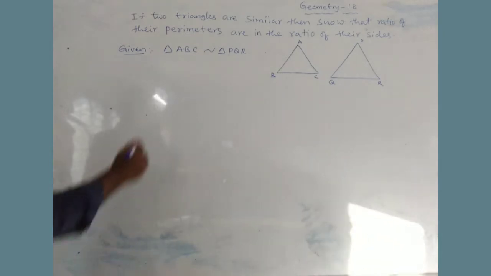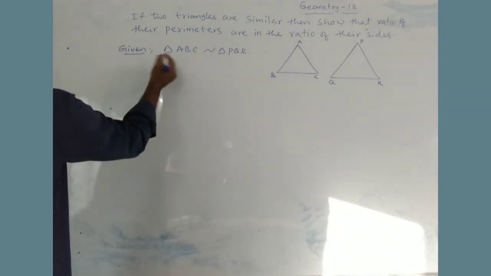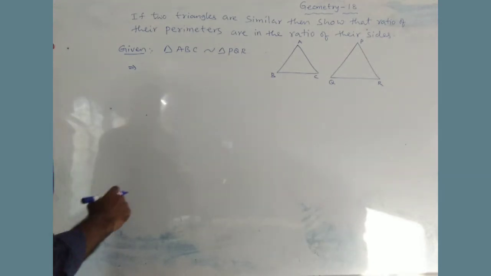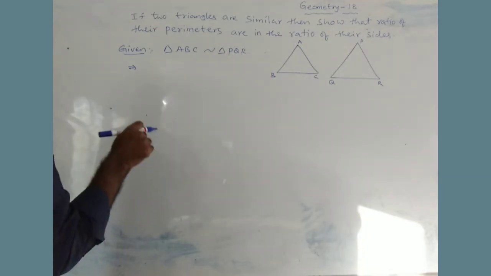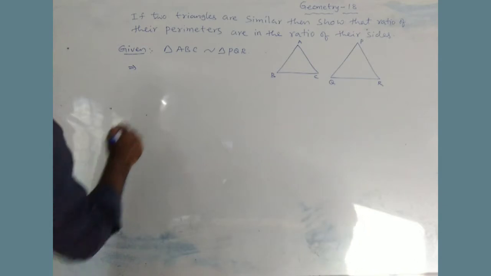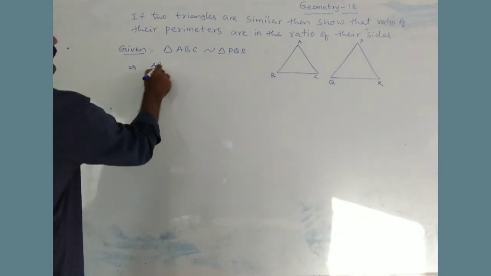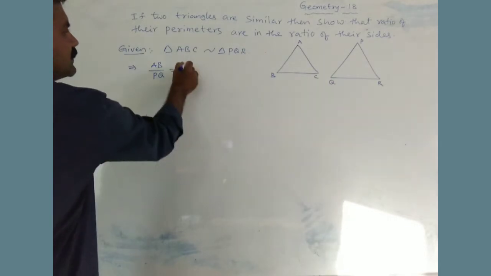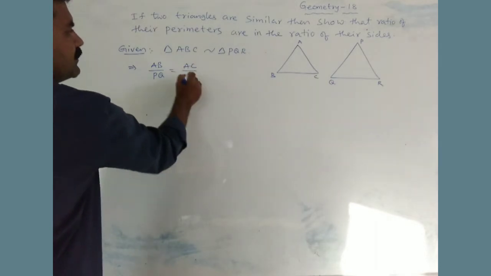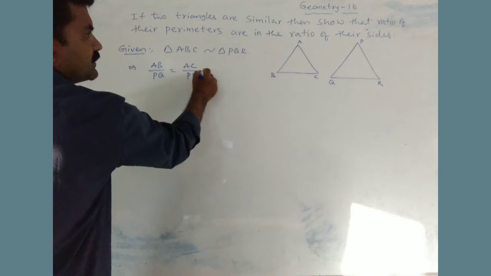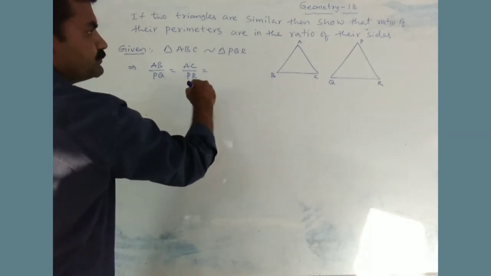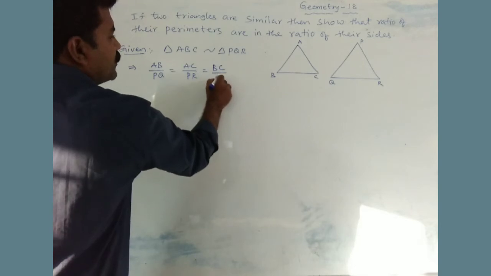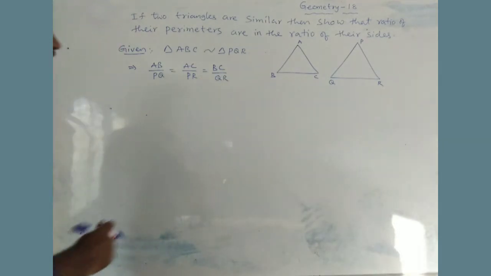That means when two triangles are similar, we know that their corresponding sides are in the same proportion. Hence AB by PQ is equal to AC by PR, which is equal to BC by QR. Isn't it?